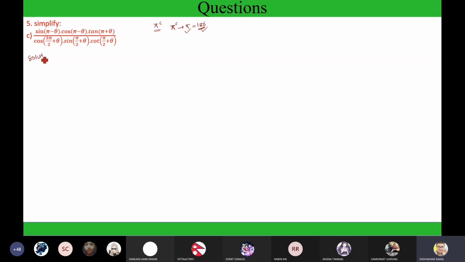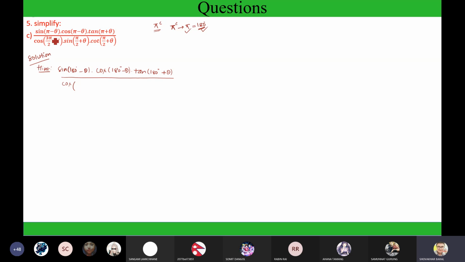So I'll just give you the hint in this question and you have to solve it yourself. Solution, let me give you the hint only. This will be sin 180 degree minus theta times cos 180 degree minus theta times tan 180 degree plus theta, whole upon cos 3 times 180.